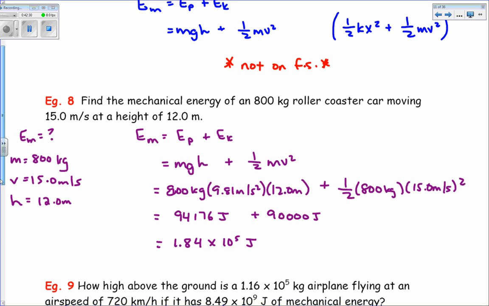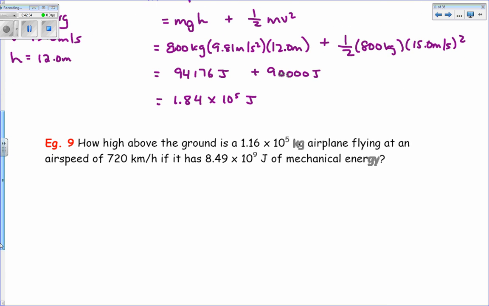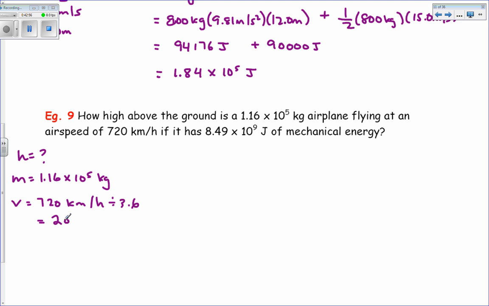So that's pretty easy. A slightly more challenging question is having to find either the height or the speed when you're given other things. So we want to know how high above the ground is a 1.16 times 10 to the 5 kilogram airplane that's flying at an airspeed of 720 kilometers per hour. So we'll divide that by 3.6, which gives us 200 meters per second.